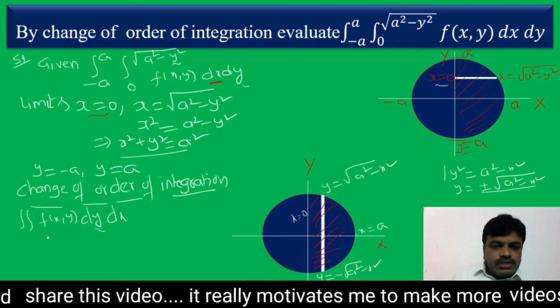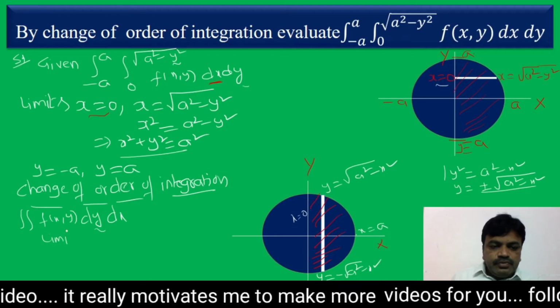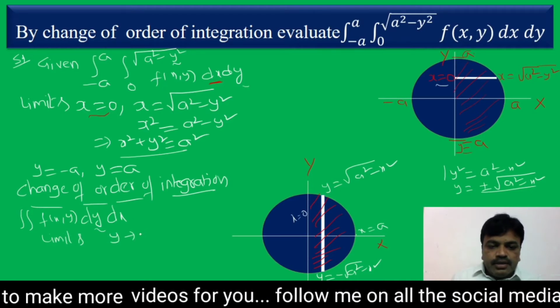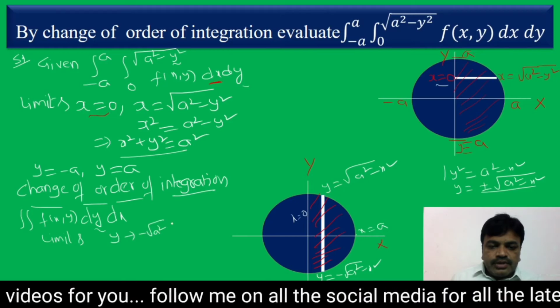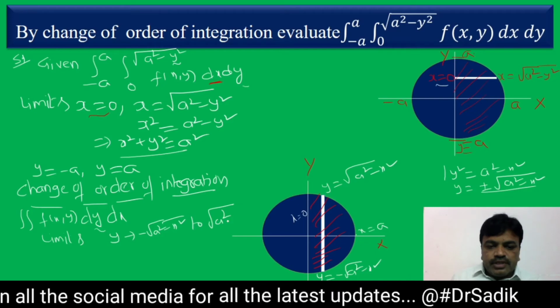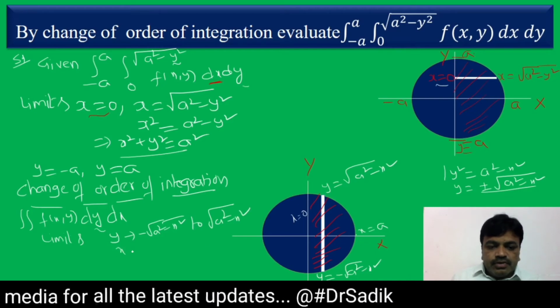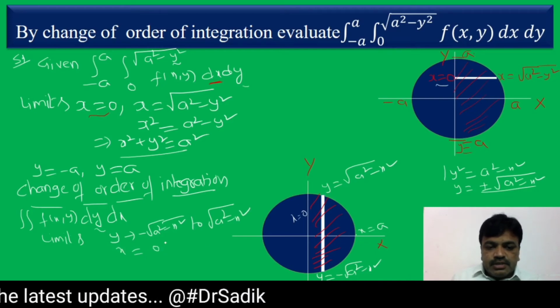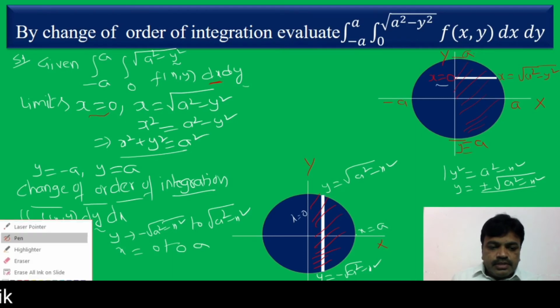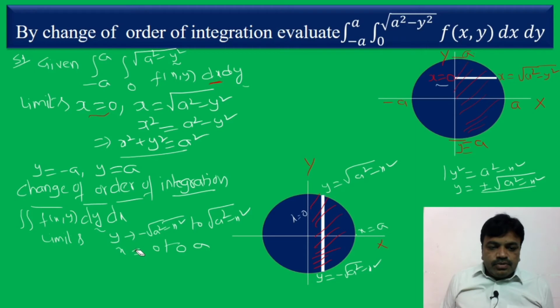So the y limits are minus square root of a squared minus x squared to plus square root of a squared minus x squared. What are the x limits, friends? The x limits are 0 to a.